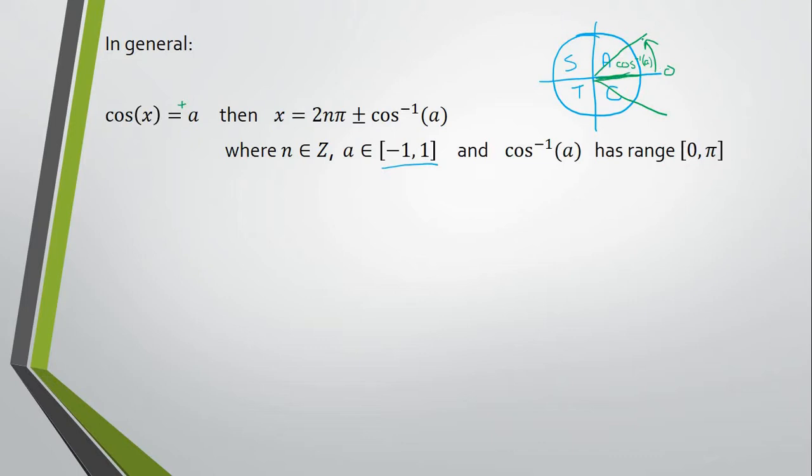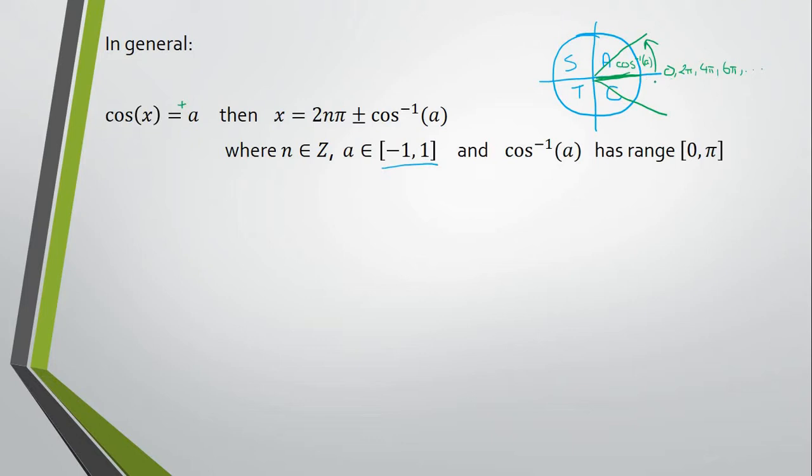So I would have 0 plus inverse cos, or I could go around again and have 2 pi plus inverse cos. Or we could go around again and have 4 pi, because this is the same as 0, 2 pi, 4 pi, 6 pi, and so on.